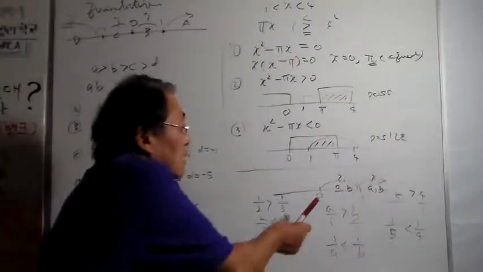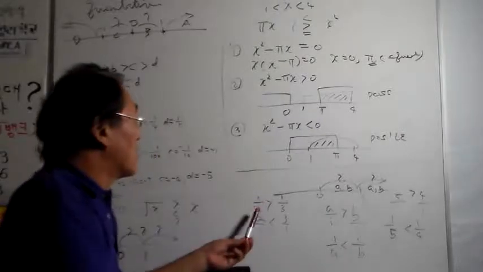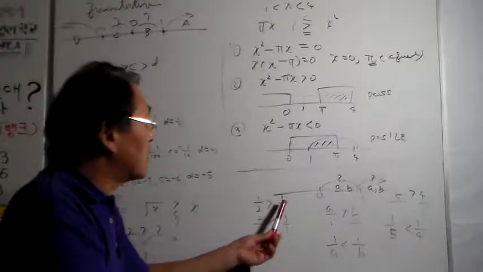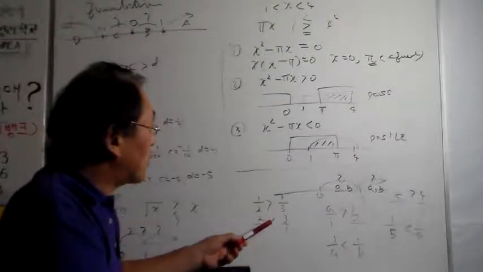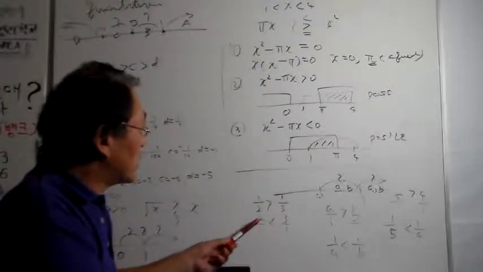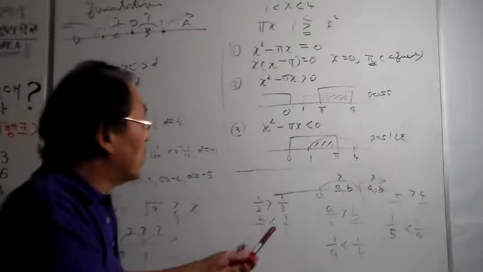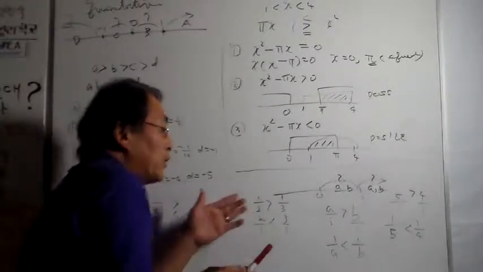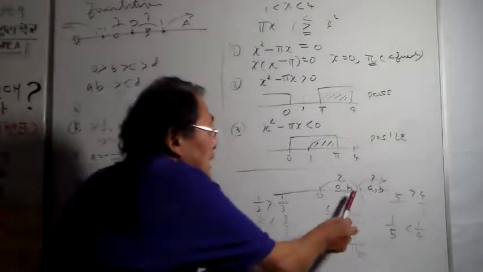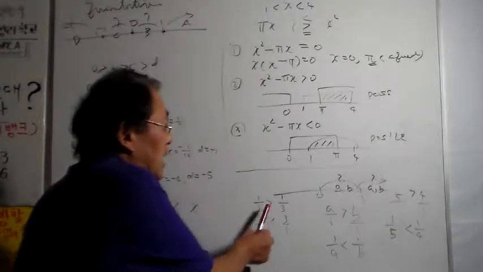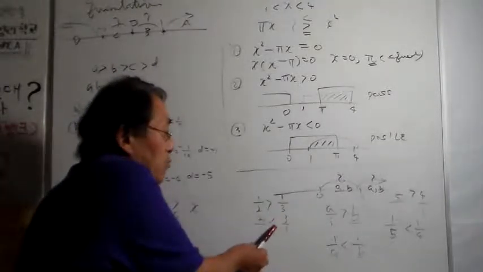I'm going to pick an example: A is 1.5, which is greater than 1/3, right? How about the reciprocals? The reciprocal of 1/2 is 2 over 1, and the reciprocal of 1/3 is 3 over 1. So once you see numbers in this range and you take the reciprocal, the sign will change.